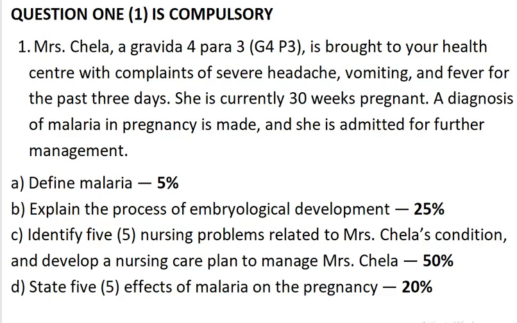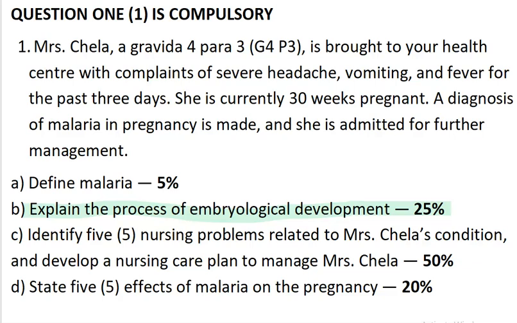So for today's session, we are going to concentrate on question B, which says explain the process of embryological development, 25%. As I mentioned, it's always important for you to read through the scenario and understand it so that you know where the questions are coming from.